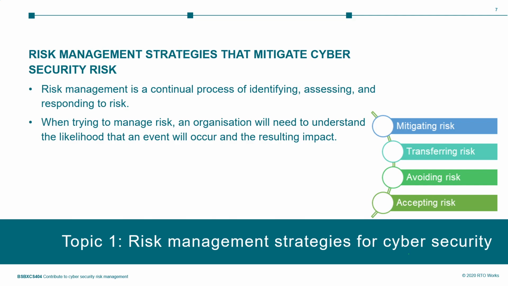So what are we doing? We're going to be looking at how we can mitigate the risk to the organisation. We're going to continue to identify and reassess those risks. And we need to understand the impact that any given event will have on our organisation.